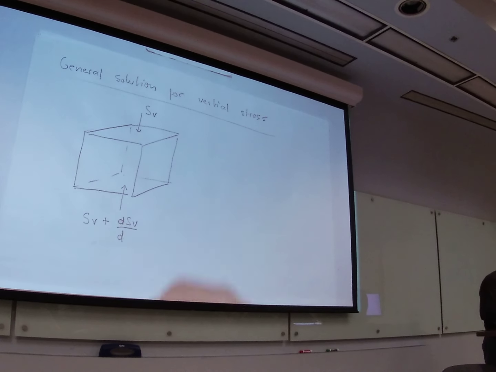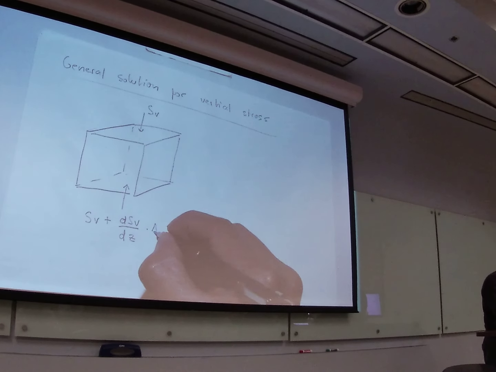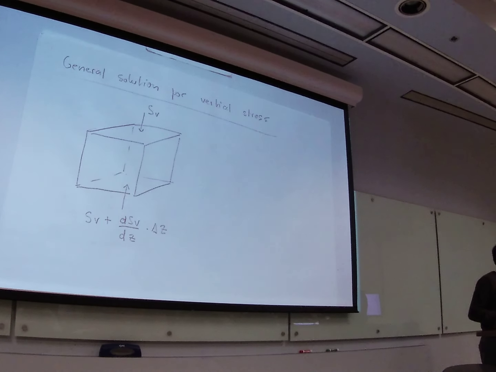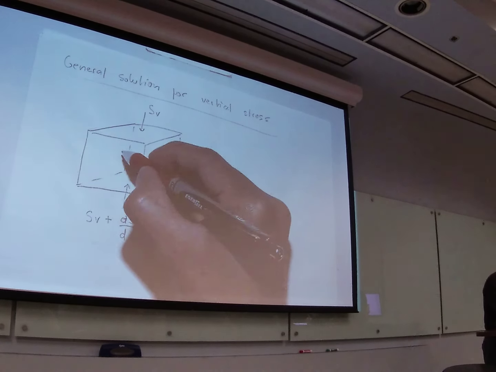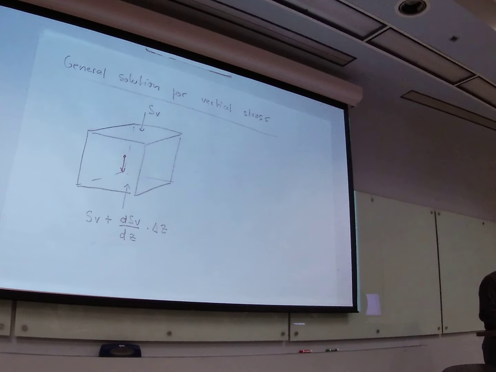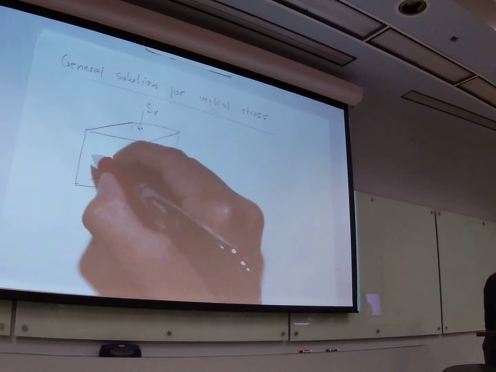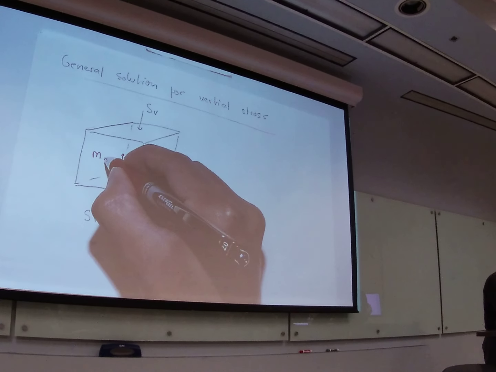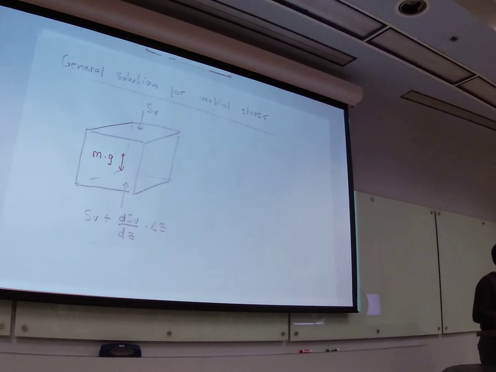This is a D. That D means a variation, and this is a variation of vertical stress with depth in a given depth, and that variation is going to be due to the weight of this cube. What is going to be the weight of this cube? It's just going to be the mass of the element times gravity.